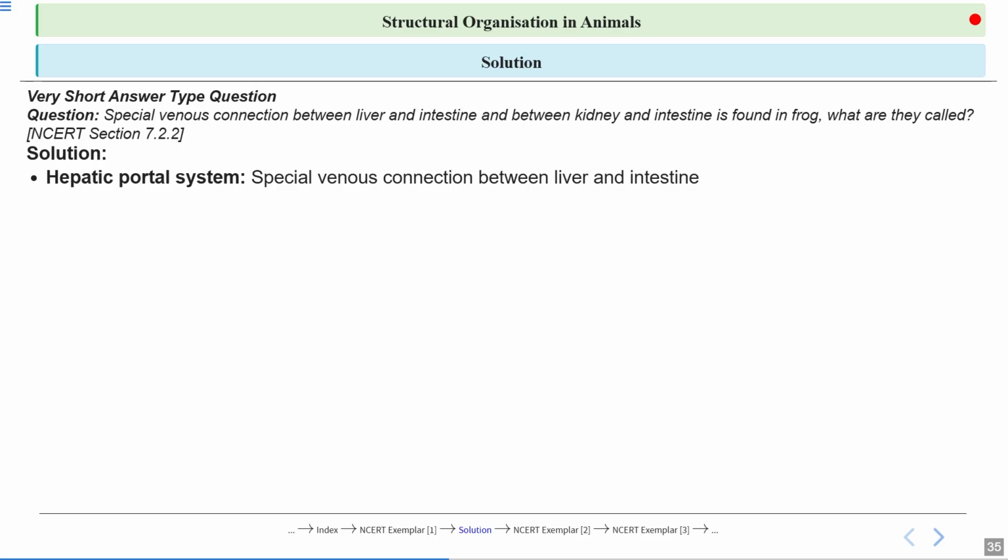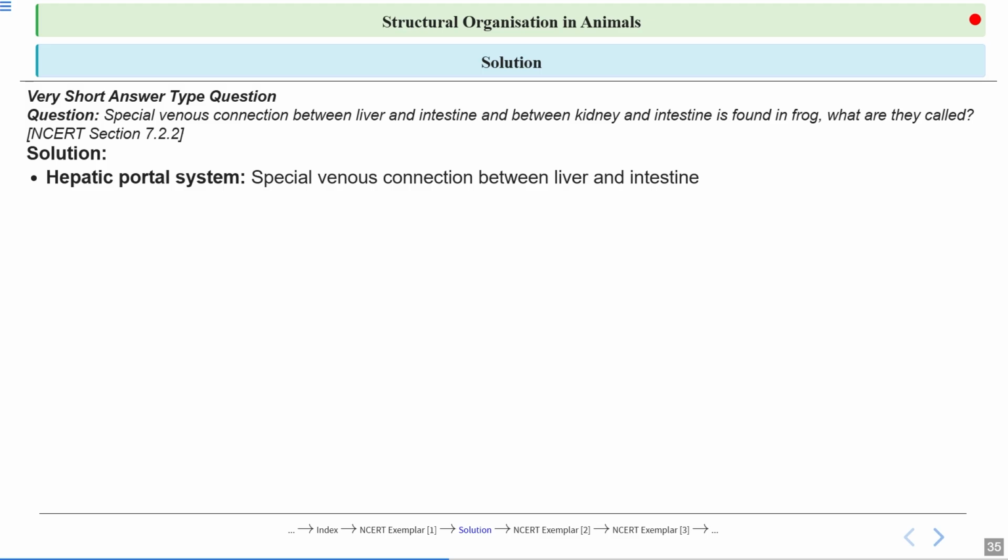Hepatic portal system. This is the special venous connection between the liver and intestine. Venous connection, what does this mean? It means that the veins that come from the different digestive system parts, like stomach, small intestine, large intestine, join together as a hepatic portal vein, and this vein enters inside the liver.